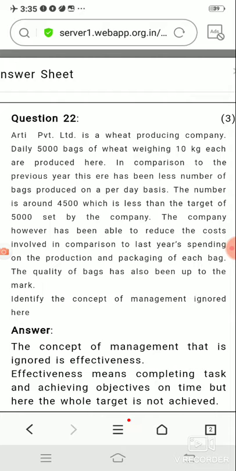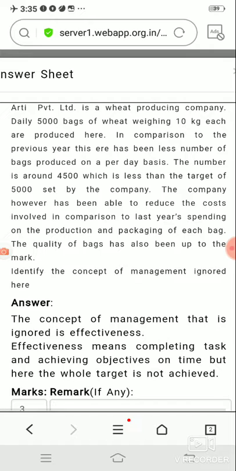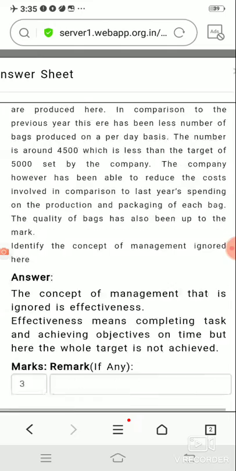They only produced 4,500, 500 bags less. So which concept of management is ignored here? Definitely it will be effectiveness, because effectiveness means completing the task on time. So they are not able to complete the task. 5,000 bags were supposed to be produced, but only 4,500 were produced, meaning 500 fewer bags.